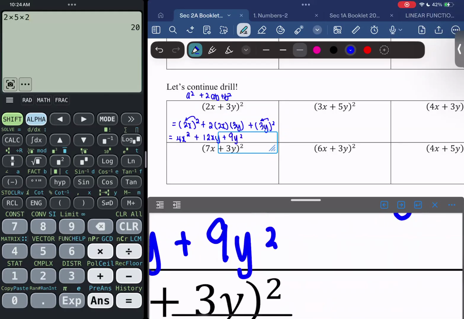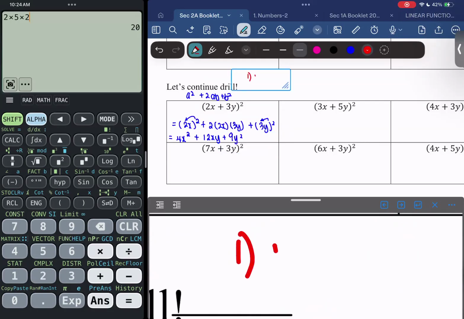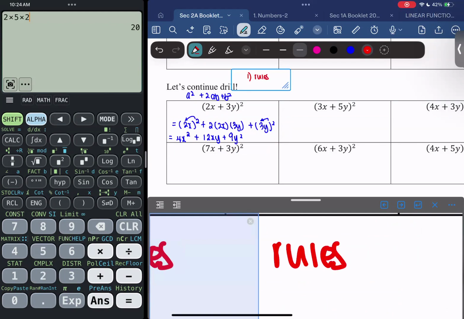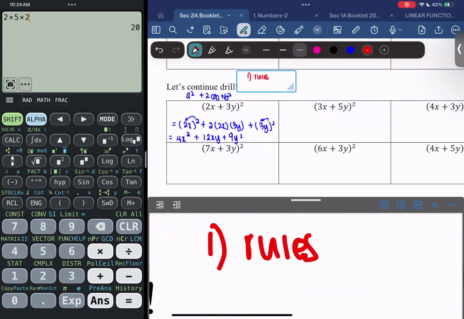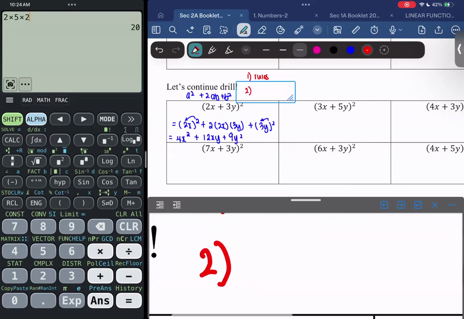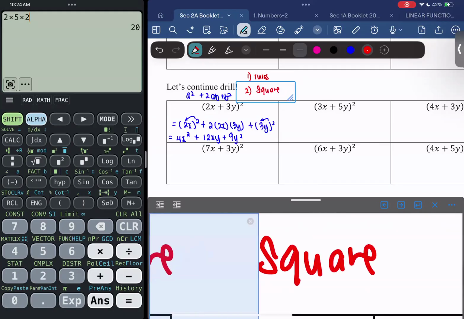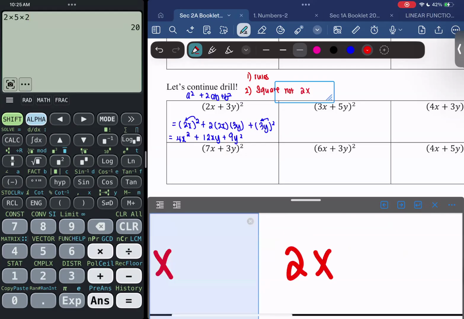See, all the careless mistakes start coming in already. Okay, guys, please, number 1, you need to use the rules. Whenever you see this type of question in the exam, you need to apply the rules. You cannot go back to side 1. Side 1 you can still copy paste and multiply in, but in side 2, if you do that, they will minus the marks, they'll penalize you, because this is not what they're testing you on. Number 2, remember it's a square, not times 2.